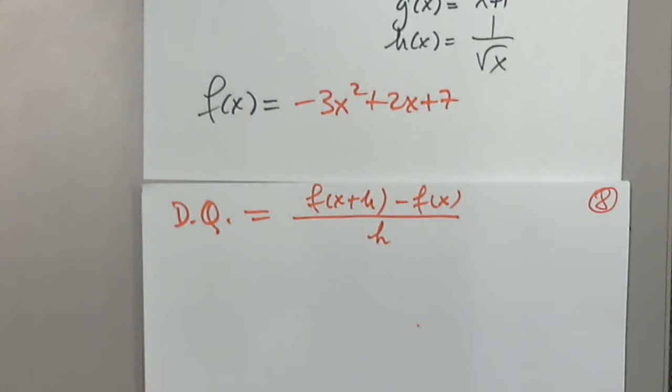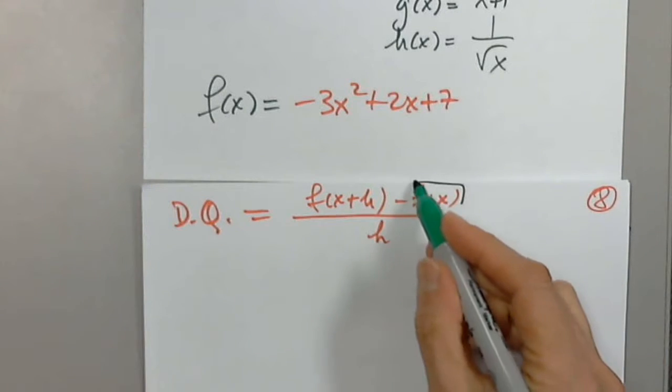Where is my starting point? What do I have to do first? You substitute in the f of x into the formula? F of x is this piece.